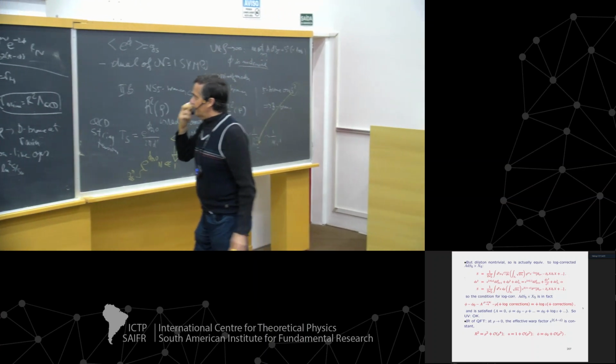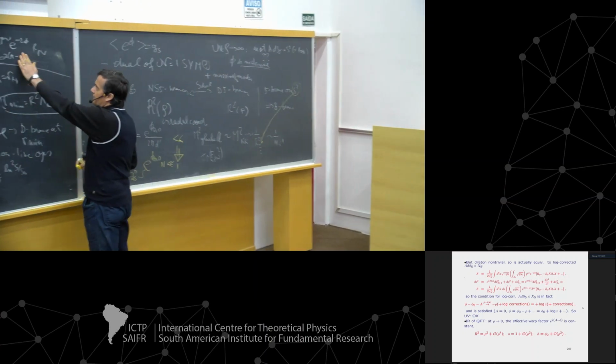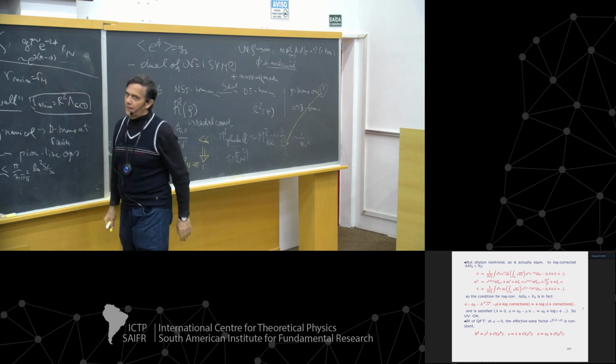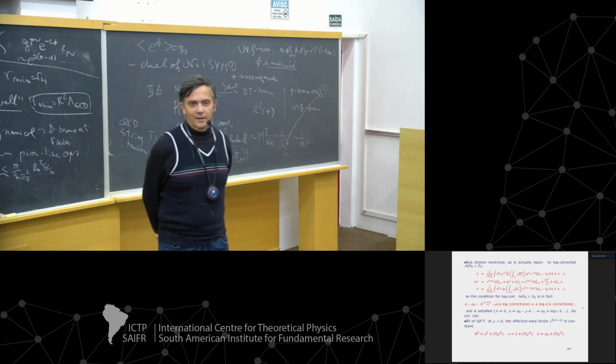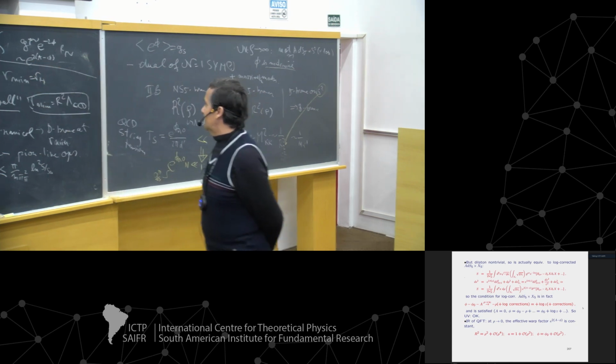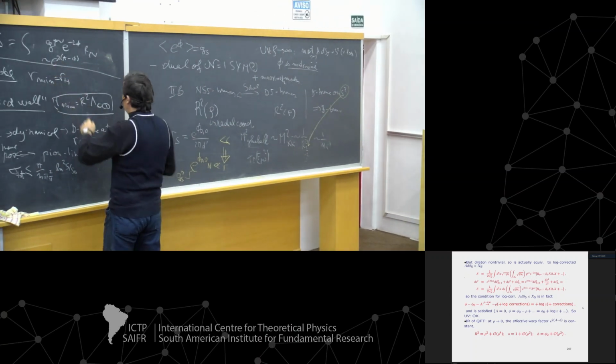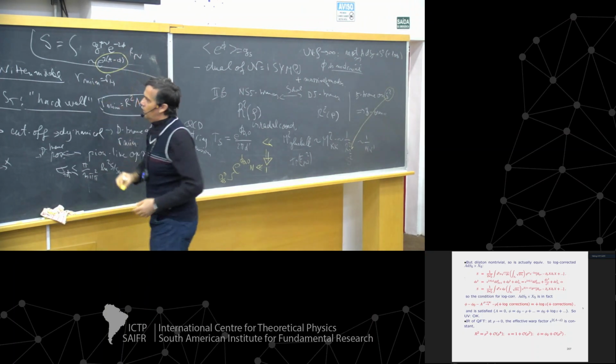So you see, if phi is trivial, the warp factor e to the 2a is the relevant thing. But if phi is non-trivial, the relevant factor is this. It's not anymore the warp factor.